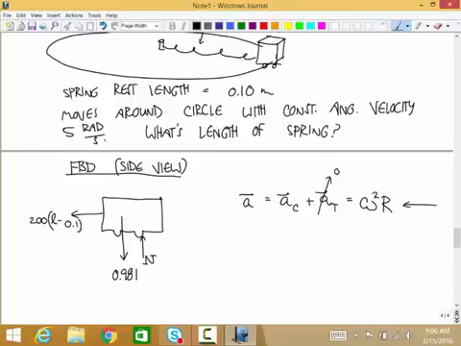Does all that reasoning make sense? Okay, and then we have to think about what that radius is, and it turns out that radius is just going to be equal to the current length. So the total acceleration is equal to negative omega squared L, 0, and omega is 5, so that's negative 25 L, 0.